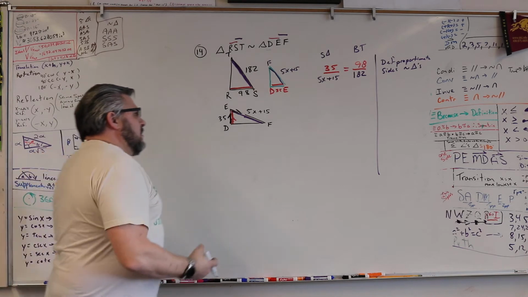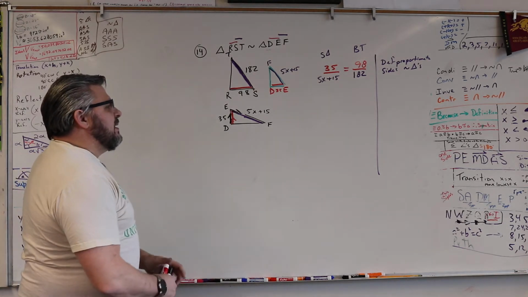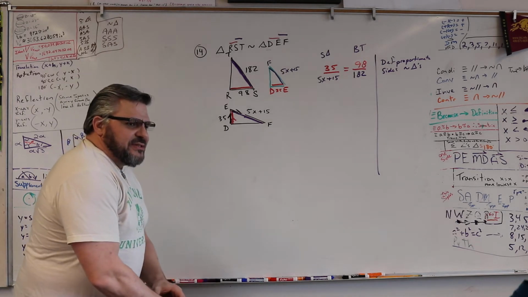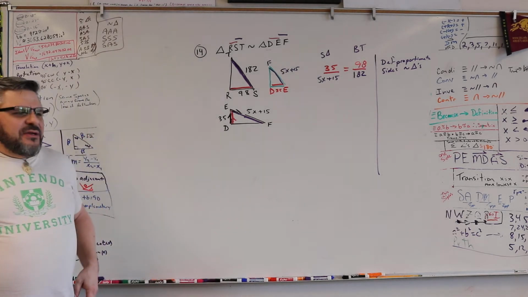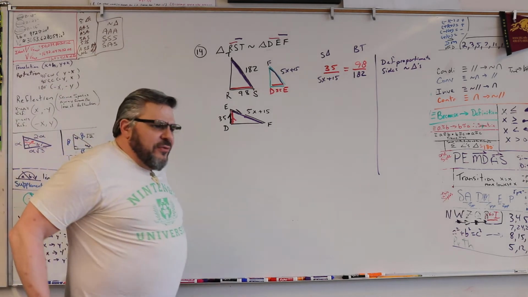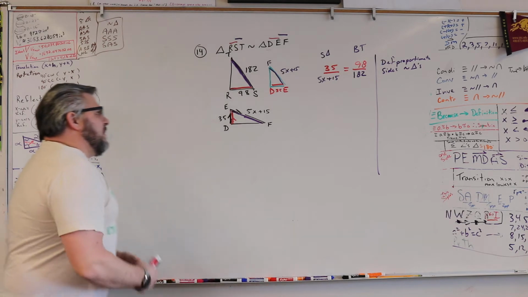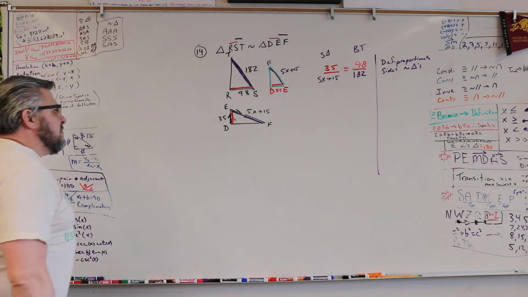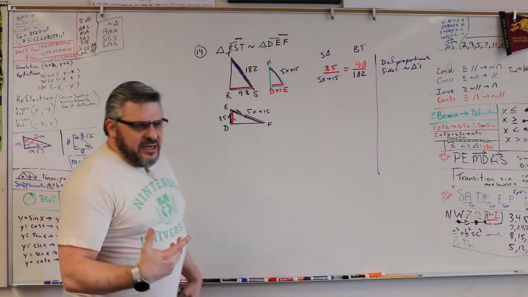Okay? Now, it's basically the definition of similar triangles, but we want to use that word proportion. That's a really important word for the state test, right? So, it's something that we want to get used to writing.